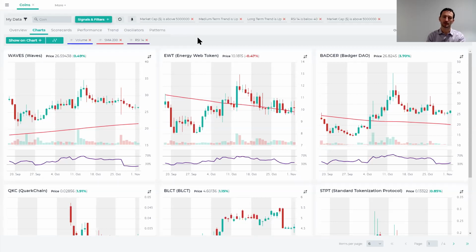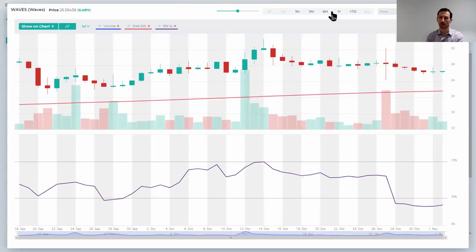But ideally, we find a coin that's oversold on an RSI basis. It is in an uptrend on the medium and the long-term basis, as we stipulated in our filter, but it's also approaching or near the support level. Support resistance, so key to every trade and every analysis.